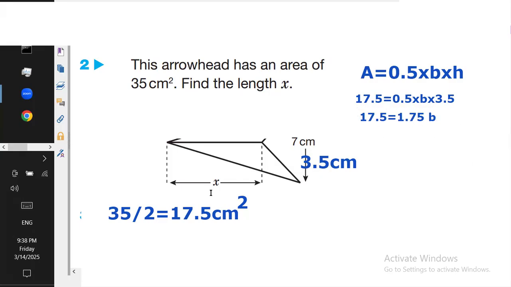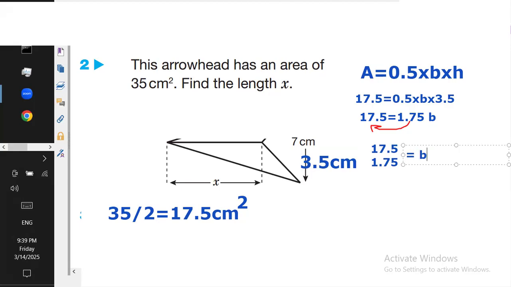As I said, I didn't want to use x because I don't want to confuse it with the multiplying sign. Now I'm going to take the 1.75 to the other side because it's multiplied. I'm going to take it by dividing. So basically 17.5 divided by 1.75 will equal the base of the triangle.